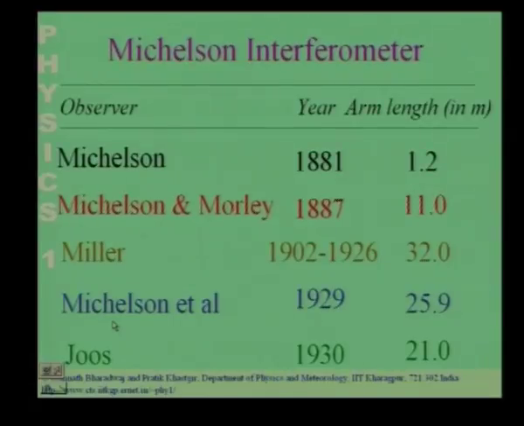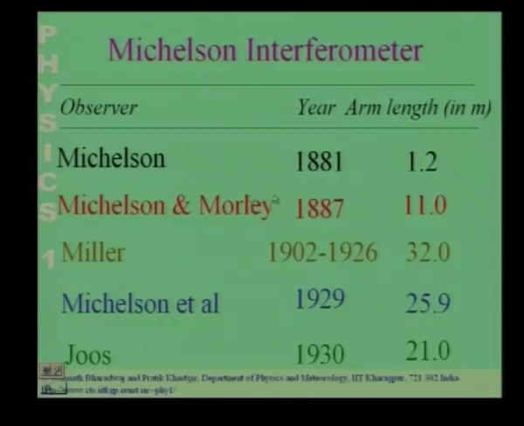So, in 1881, Michelson did this Michelson interferometer experiment using an interferometer where the arm lengths were 1.2 meters. Then there is this very interesting experiment by Michelson and Morley done in 1887, which used an interferometer with arms of length 11 meters.